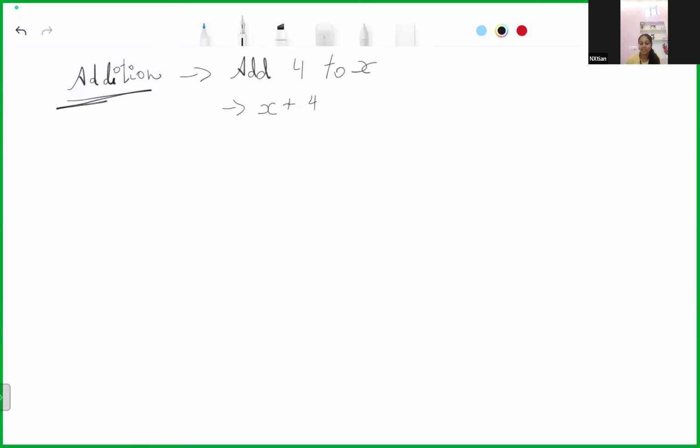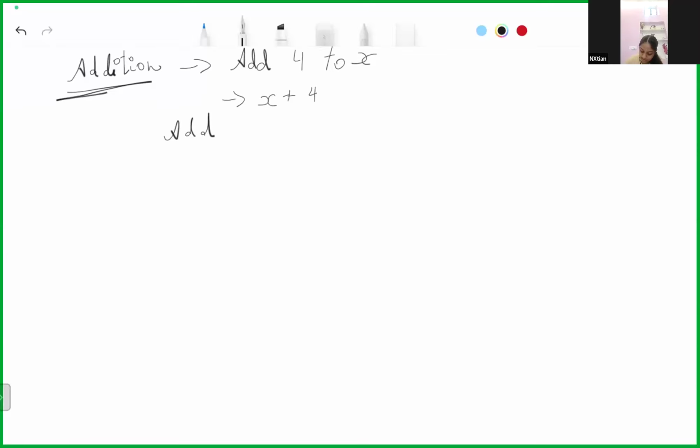Or if my statement is add y to a, it will be a plus y. So in addition, it's just like normal addition. We just put a plus sign and write a number with a variable or a variable with a number.